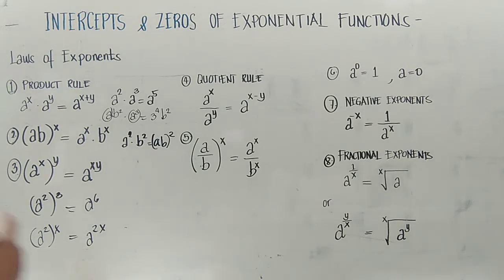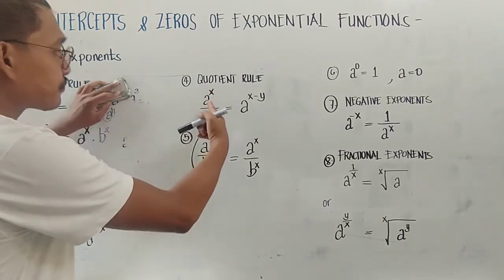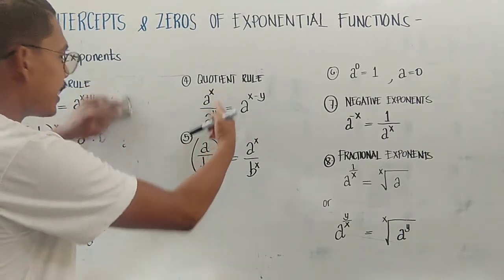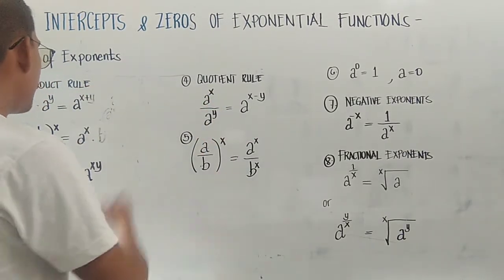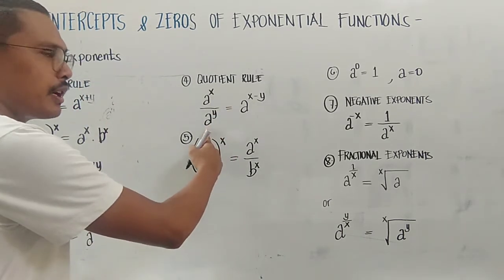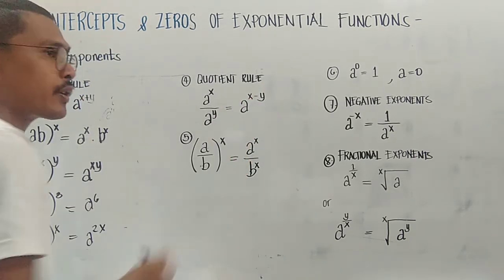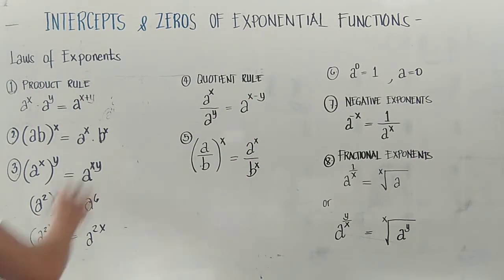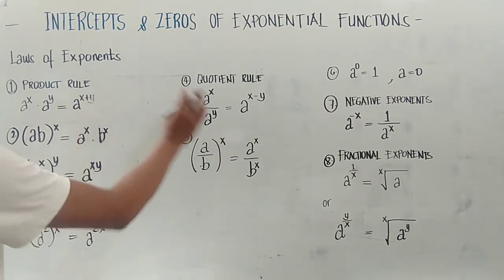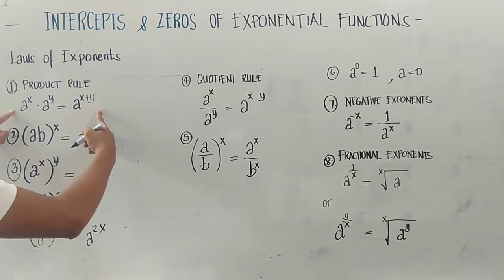Now let us go to the quotient rule, number 4. We have here a raised to x divided by a raised to y, and that is equal to a raised to x minus y. So again, multiplication and division are inverses.